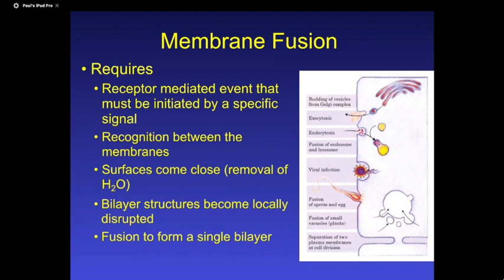It also causes changes in the protein of the binding proteins, internal structural changes that bring the two even closer together. We have to get rid of water and substitute that. We have to disrupt the surface of both of the membranes so that the lipids like to meet and they will become a single bilayer through that fusion event. We see that. Let me show you a particular process in which that fusion occurs.